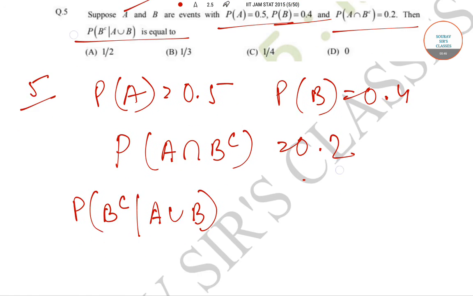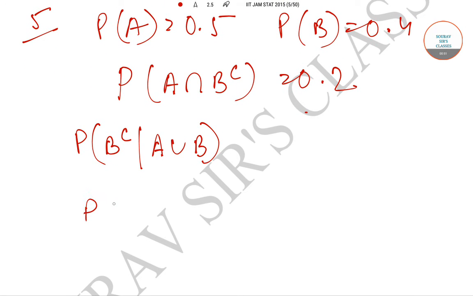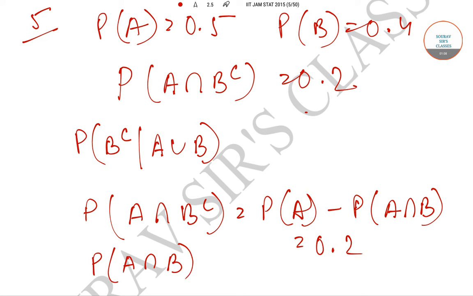Now we need to see how we approach this. So probability of A intersection B complement is equal to probability of A minus probability of A intersection B, that equals 0.2, and probability of A intersection B is equal to 0.3.